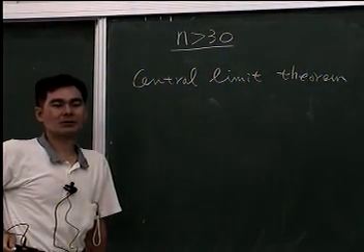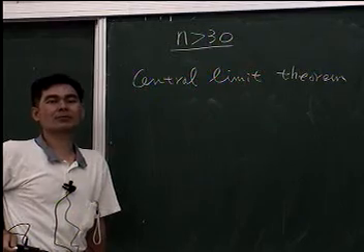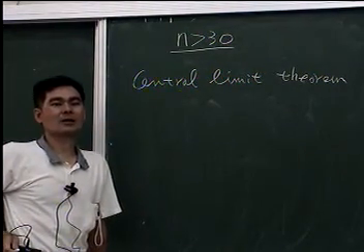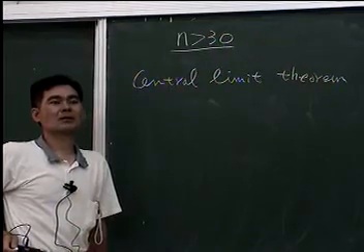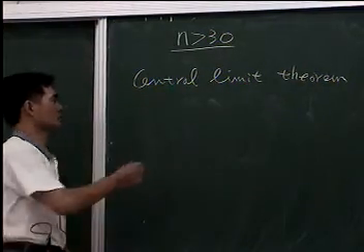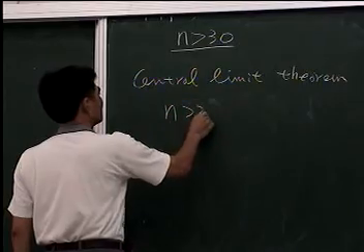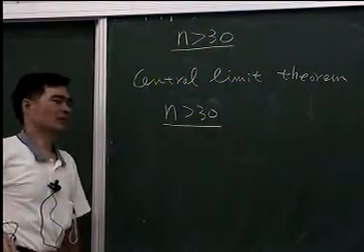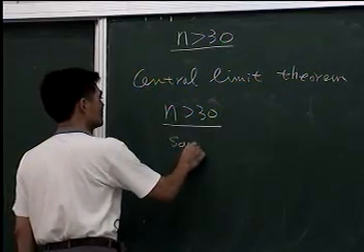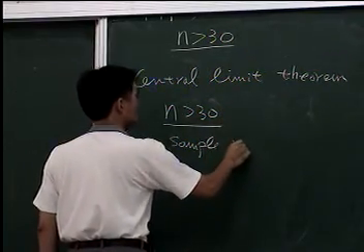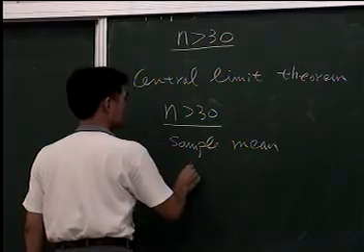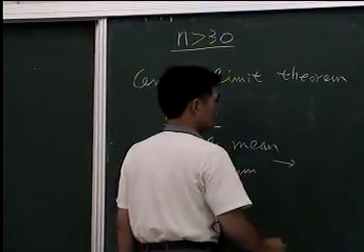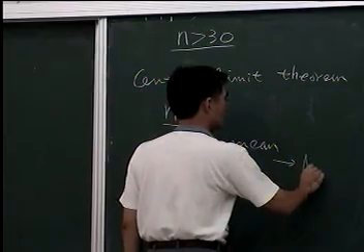The distribution of the population may be binomial, may be normal, maybe any other kind of distribution, but it doesn't matter. If the sample size is greater than 30, then what you get? You get sample mean and sample sum distribution approaching normal distribution.